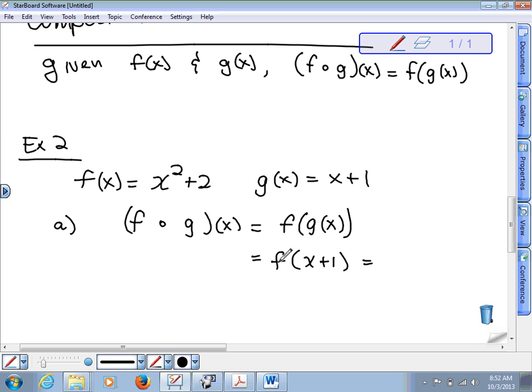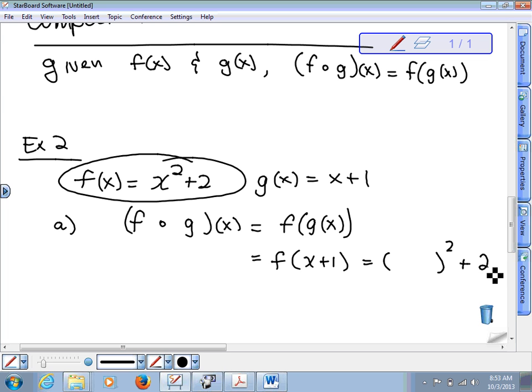Now we have to consider what the f function is saying. This is the f function right here. What it's saying is you take some input, because all x is an input. You take an input, you square that input, and you add 2. I would always recommend you make your x into an empty parenthesis. Now that input becomes squared, and then you add 2 to that. What goes inside the parenthesis? X plus 1.